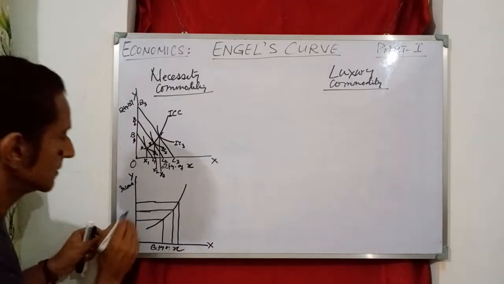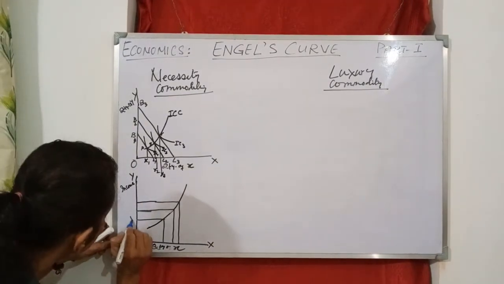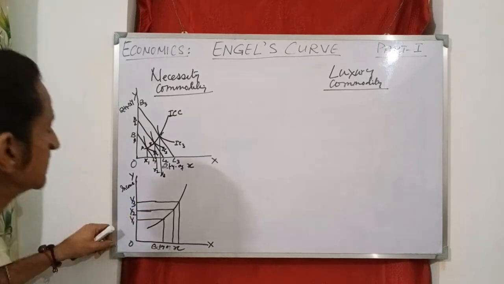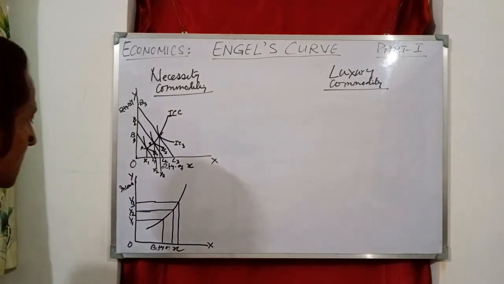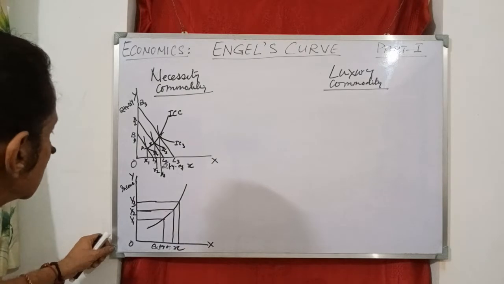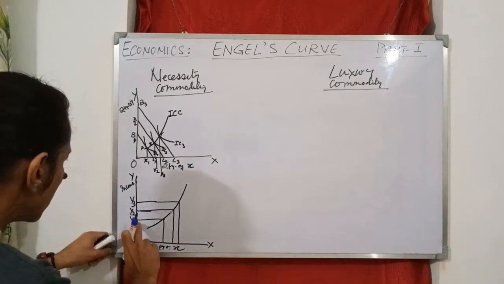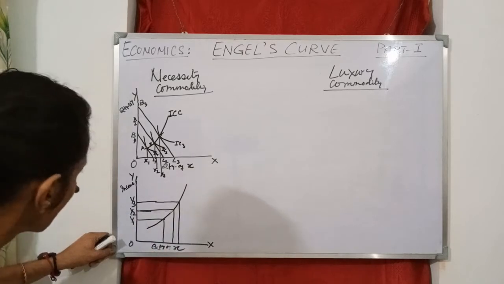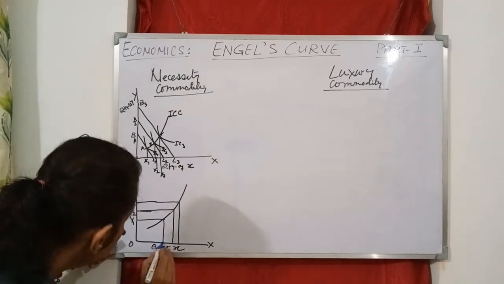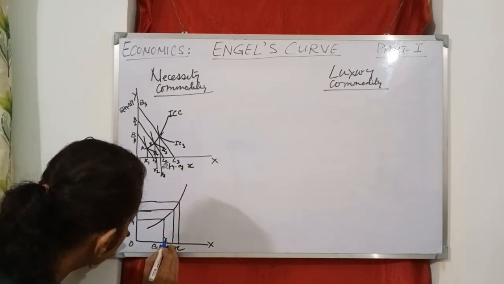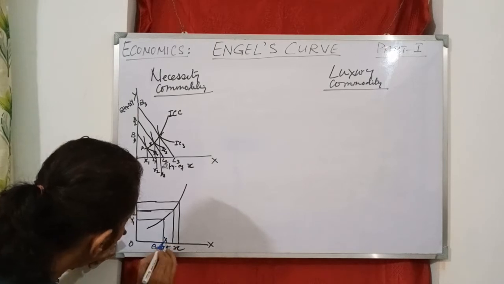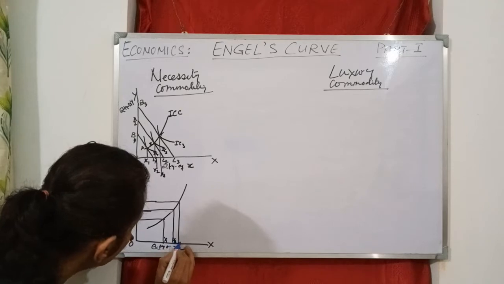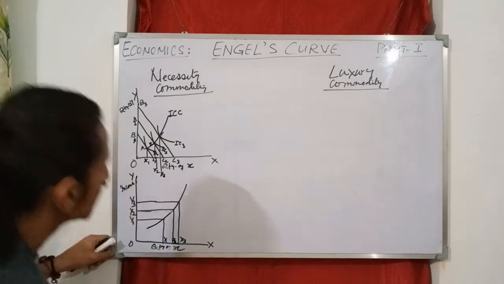Suppose his income increases from OY1 to OY2 and then to OY3. And his consumption increases from OX1 to OX2 and then to OX3.